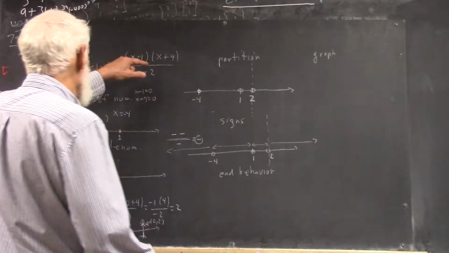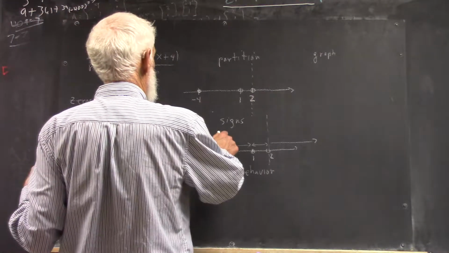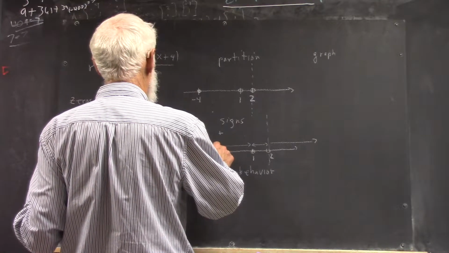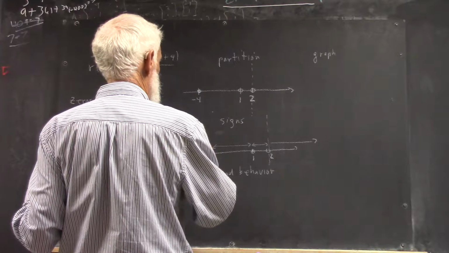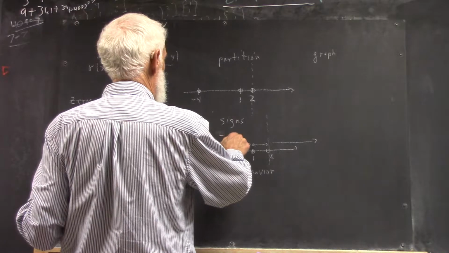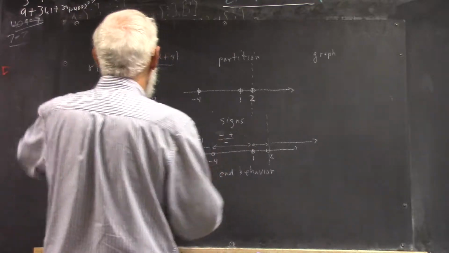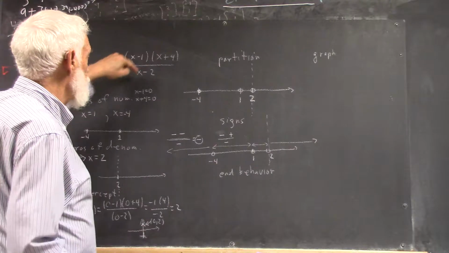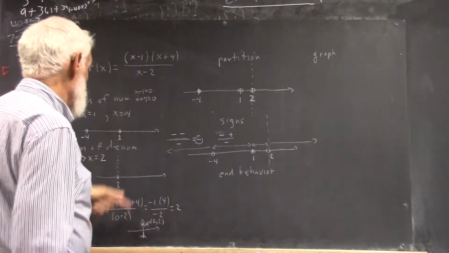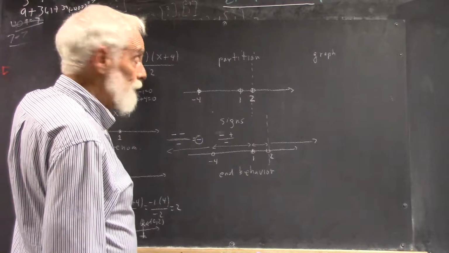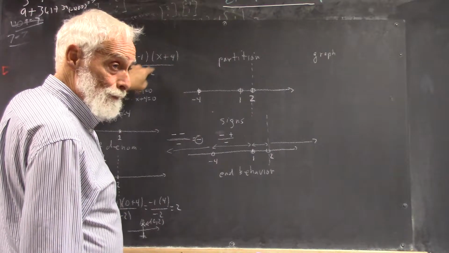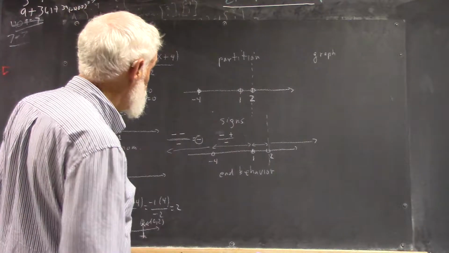And you can also reason out that this will be negative, this will be positive, this will be negative everywhere on this interval because you just tested for 0. 0 minus 1 is negative, 0 plus 4 is positive, 0 minus 2 is negative, right? So negative, positive, negative.